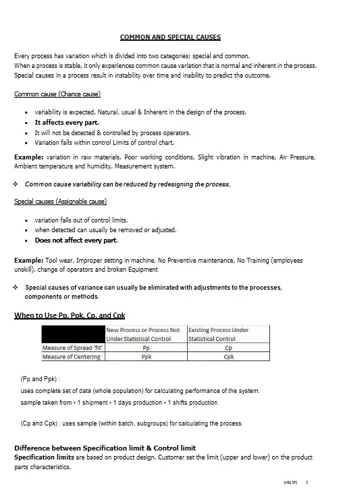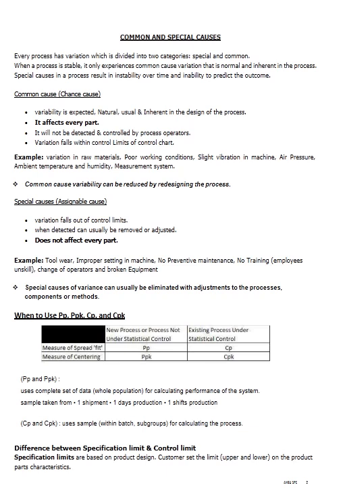It affects every product. It will not be detected or controlled by process operators. Variation falls within control limits of the control chart. Examples: variation in raw materials, poor working conditions, slight vibration in machine, air pressure, ambient temperature, humidity, and measurement system. Common cause variability can be reduced by redesigning the process.